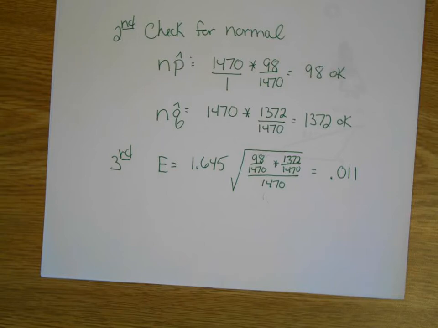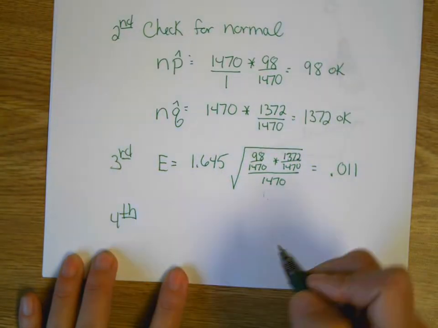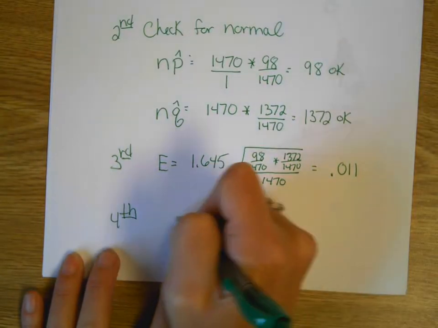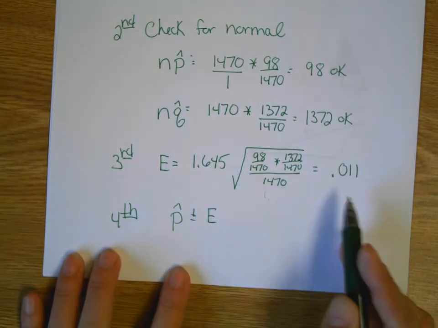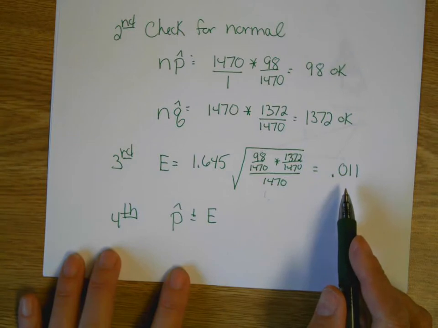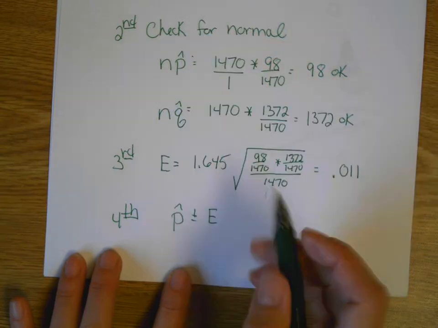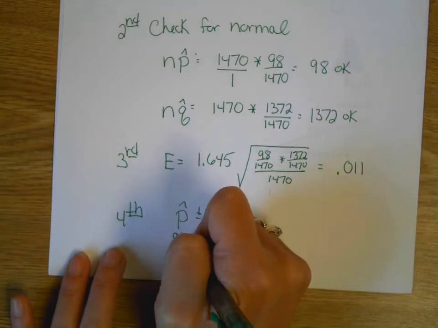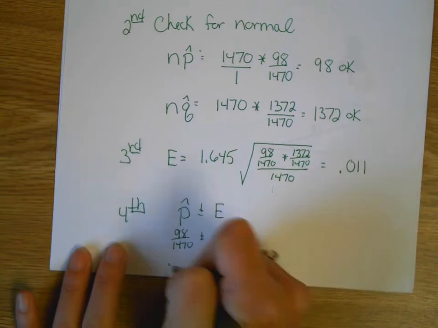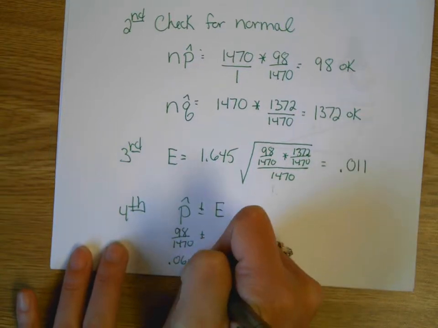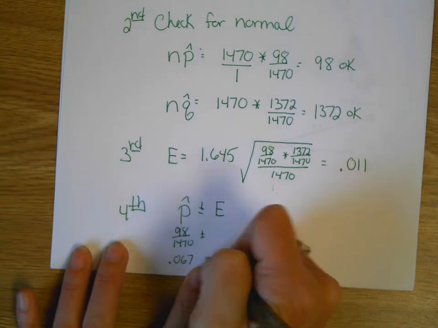Okay, now we're ready to write the interval. So we are going to take p hat plus and minus our big E. And the book does all of these answers in decimals. So our p hat was a fraction, 98 over 1470. Let's get a decimal for that at this point. Point 0667, repeating.